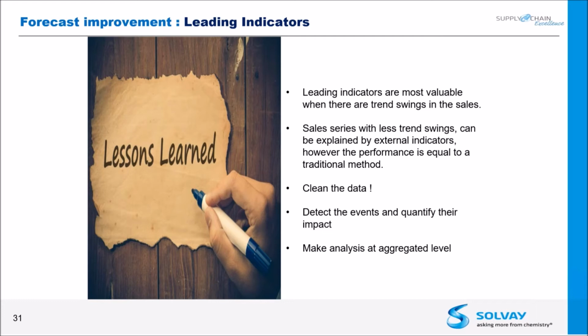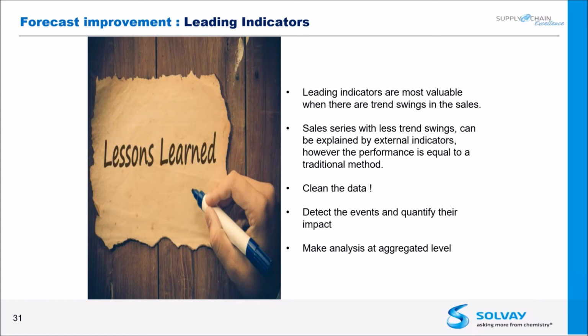Yes, Bram mentioned it, and I confirm that completely. Do not expect to have leading indicators giving you good forecast results at the level of SKU ship to combinations, because there you will have other elements that will influence your sales to one specific ship to. Just mentioning the price versus your competitors, and so you have much more short-term swings.